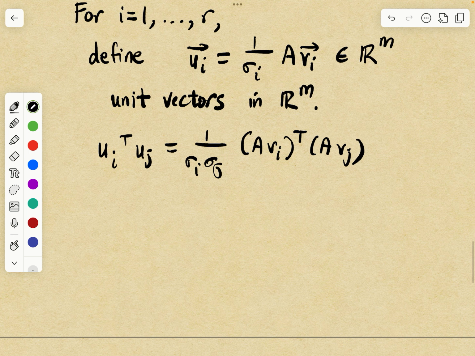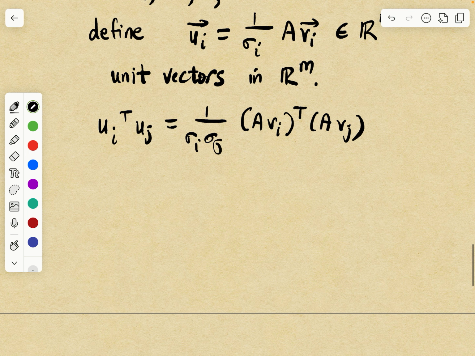Because these constants, sigma i and sigma j, I can pull out, and then the dot product is just this matrix product. And this is going to be 1 over sigma i times sigma j, Vi transpose A transpose A Vj.